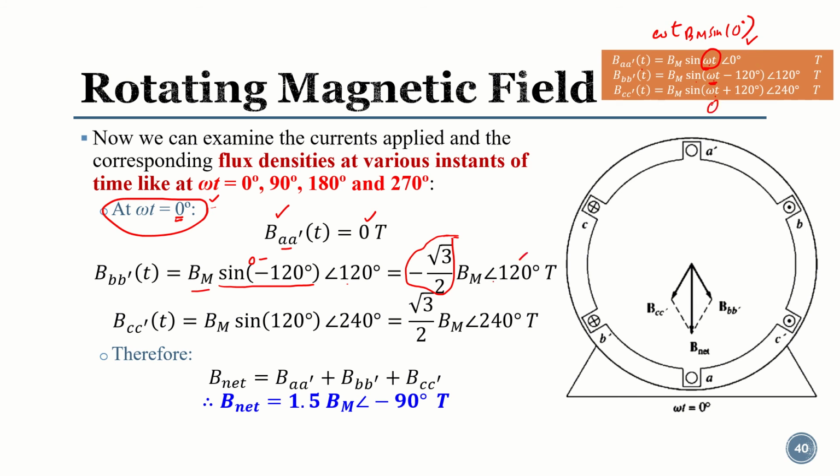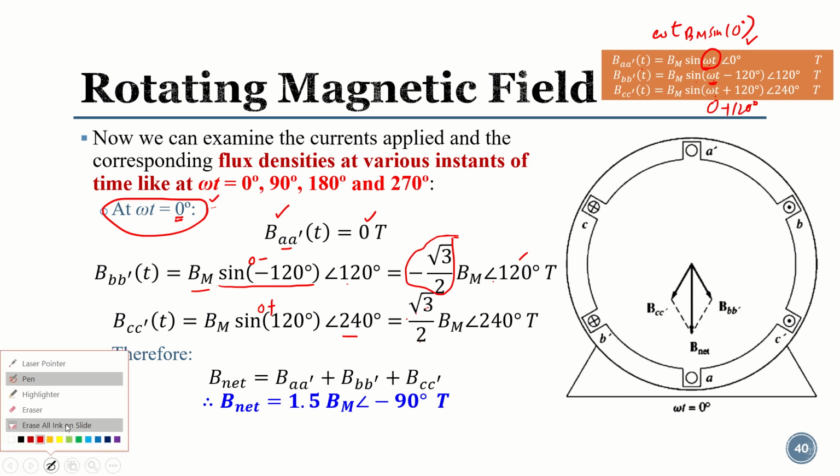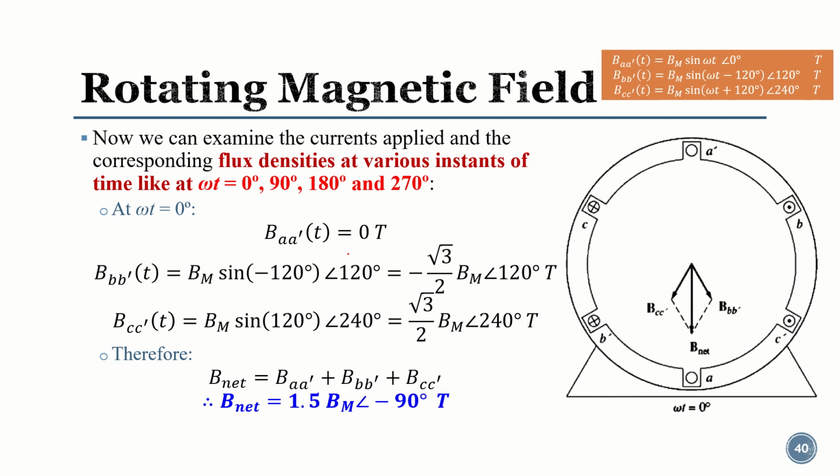Similarly here omega t is 0, so 0 plus 120 degrees, with the angle of 240 or minus 120, so it will be plus radical 3 over 2. Here, focus, this is a very important thing. At this instant, at 0 degrees, the magnetic flux density because of the AA dash pole is 0.